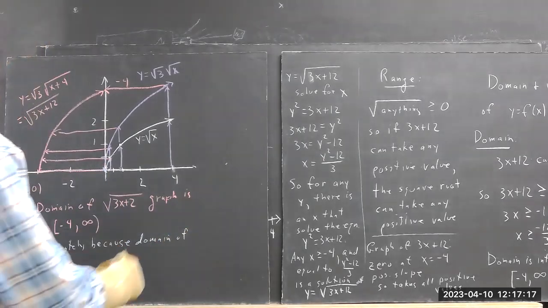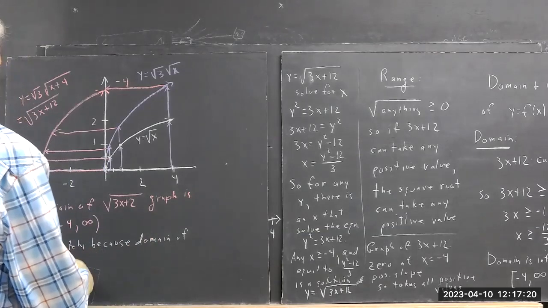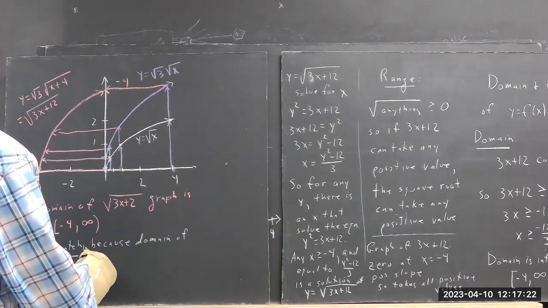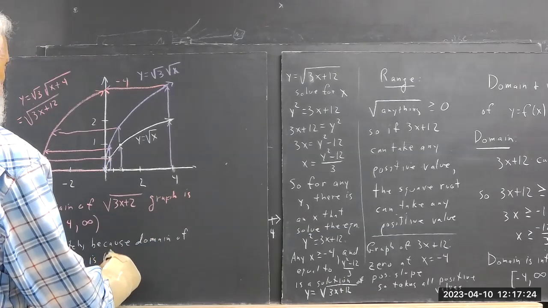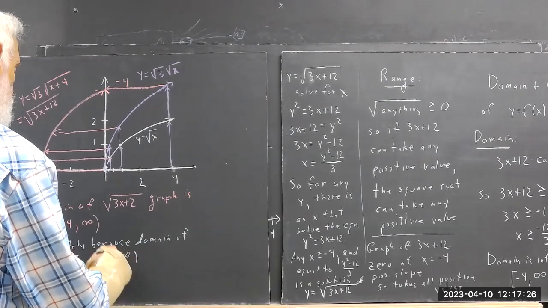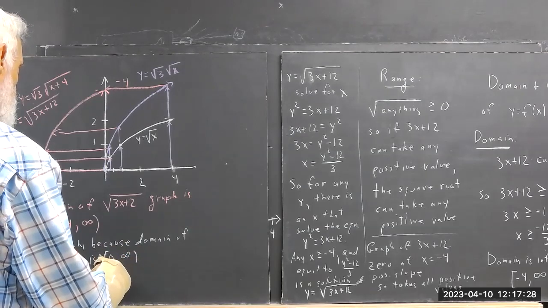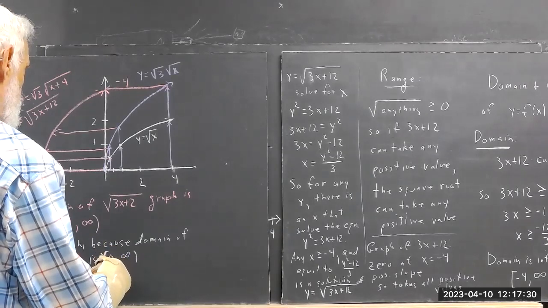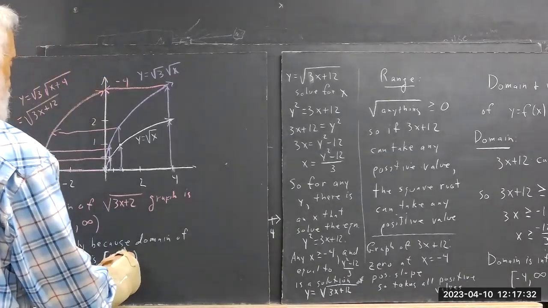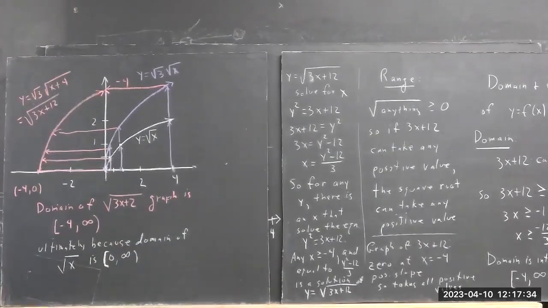Ultimately, this is because the domain of the square root of x is the half-closed interval, 0 to infinity. Why?